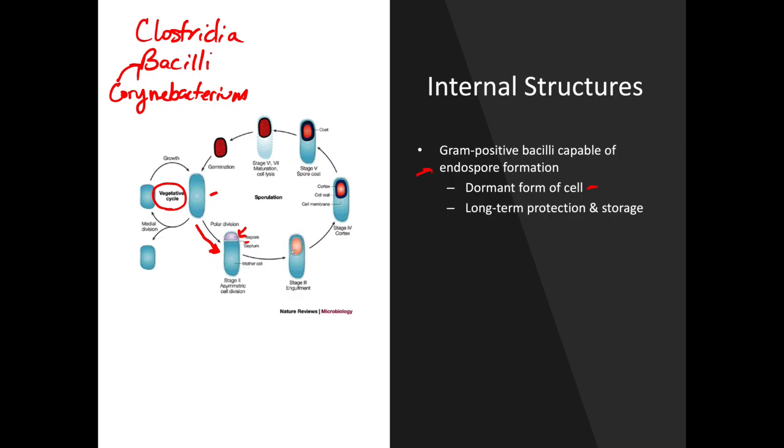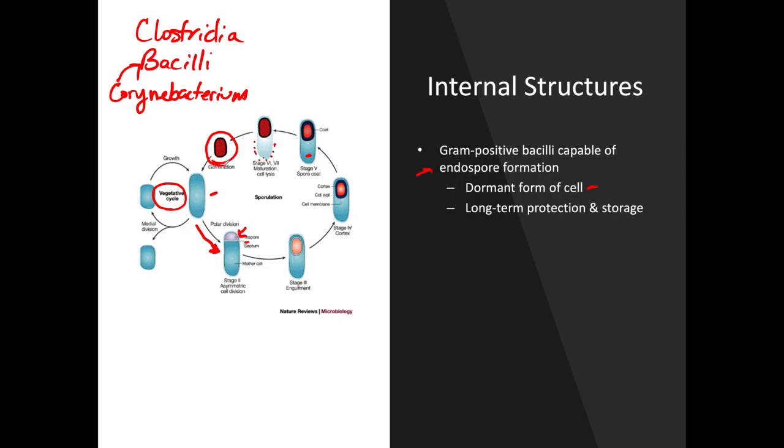But it just keeps building on it, and then it starts coating it, this cortex here, it starts coating all of this stuff with some keratin, this really thick protein coat outside of the thick peptidoglycan, and eventually the parent cell that made the actual spore starts to die away, fall away.